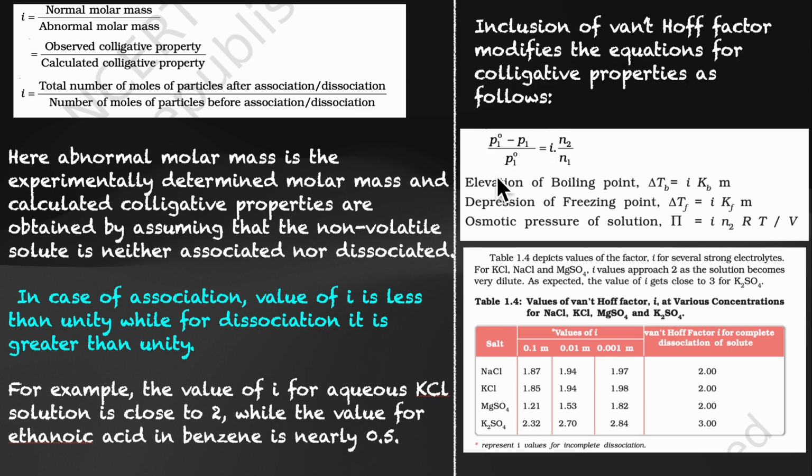Relative lowering of vapor pressure, (P1° minus P1) by P1° is equal to i into n2 by n1. Elevation of boiling point is ΔTb equal to i Kb m, that is molality. Depression of freezing point is ΔTf which is equal to i, the Van 't Hoff factor, into Kf into molality. Osmotic pressure of solution is π equal to i n2 RT by volume.